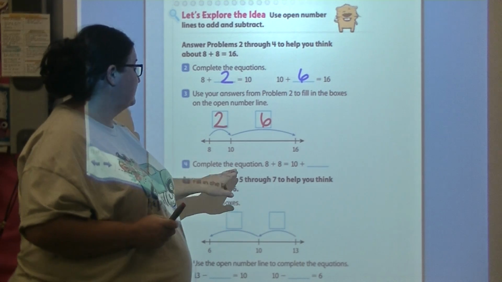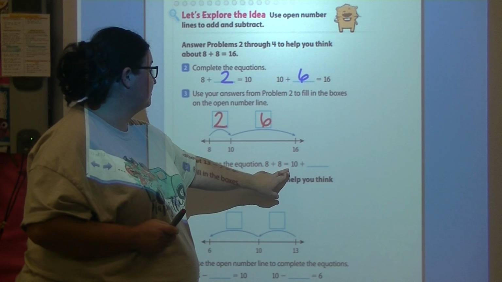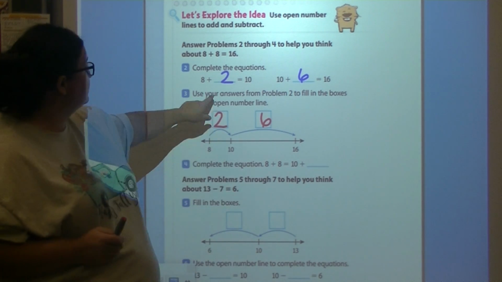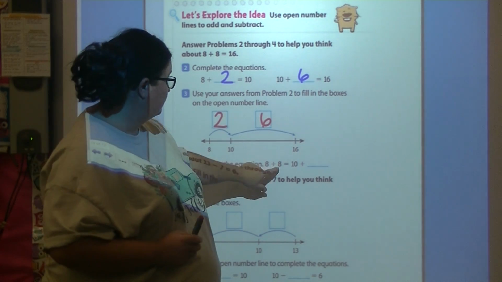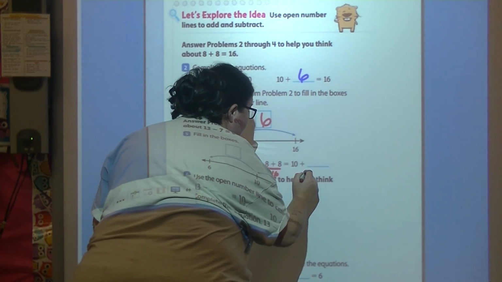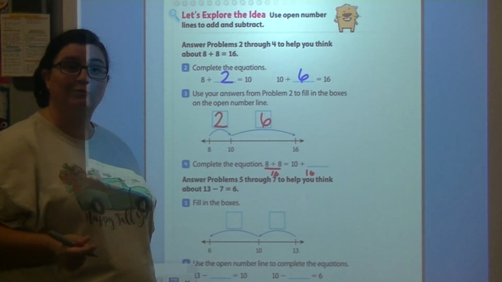So number 4 says 8 plus 8 equals 10 plus what? Alright, so it tells us 8 plus 8 equals 16. So if this equals 16, what else equals 16? 10 plus what equals 16?